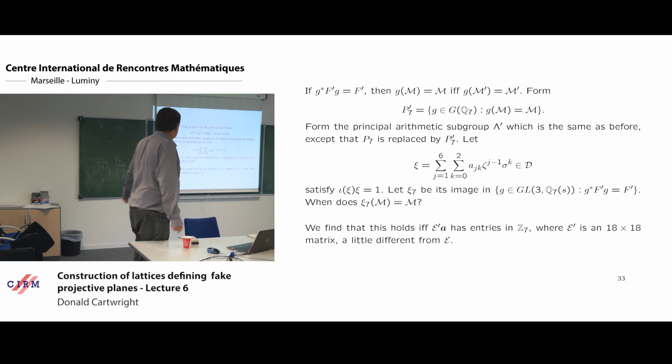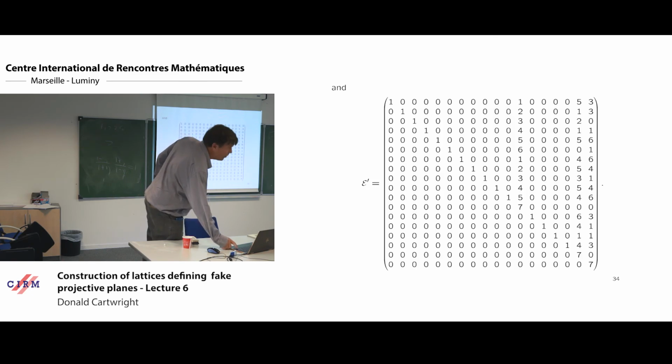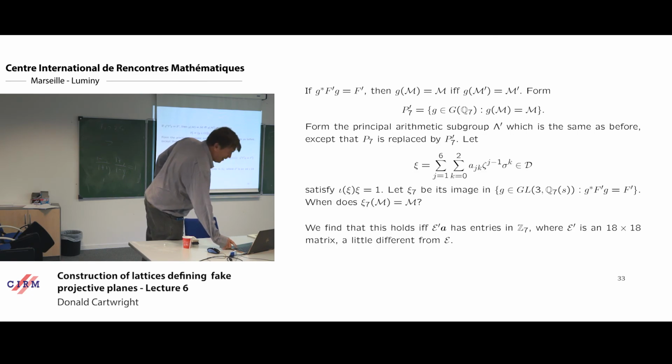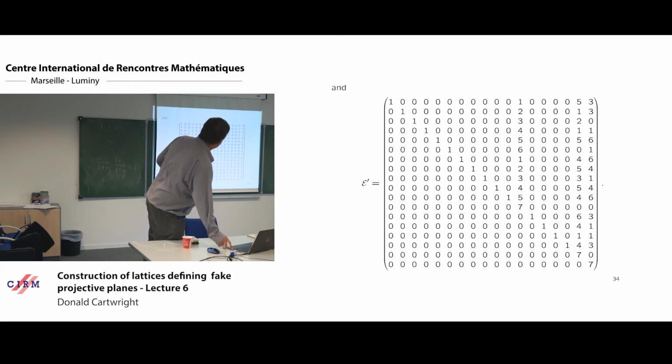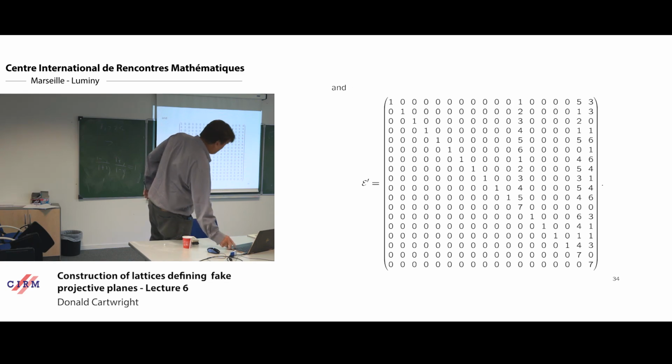And a very similar calculation gives you another 18 by 18 matrix. I think I've even got it here. Look how similar that was. So there's another E. It's actually almost the same, isn't it? It's got its non-zero entries in just the same spots.